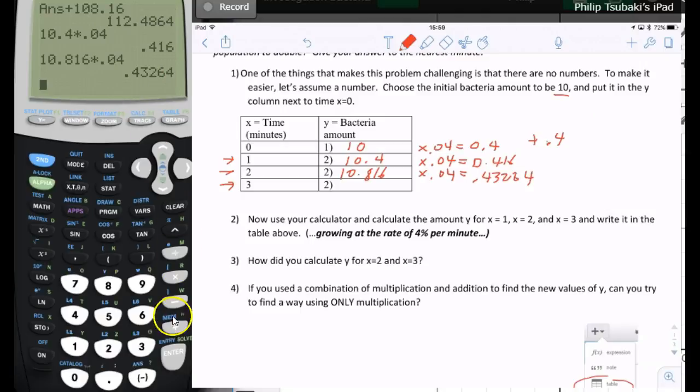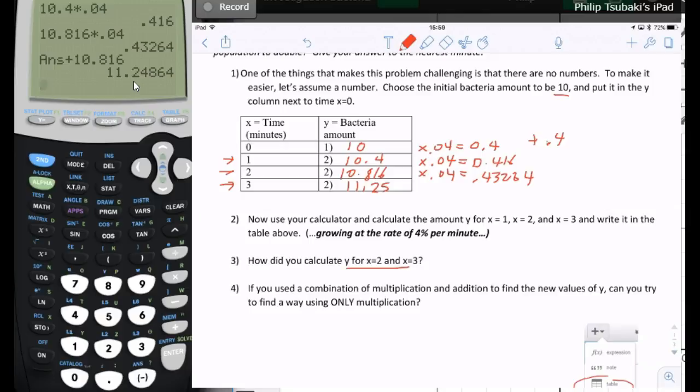And if we add that to the original amount, which is 10.816, then we get about 11.25. You don't need to write all the digits. That's about enough.